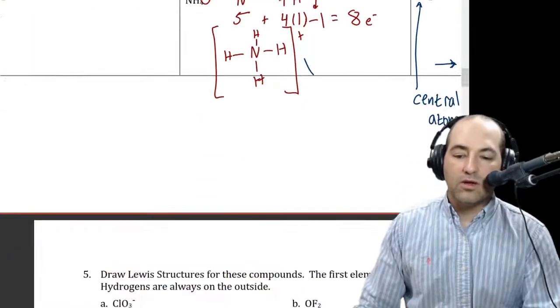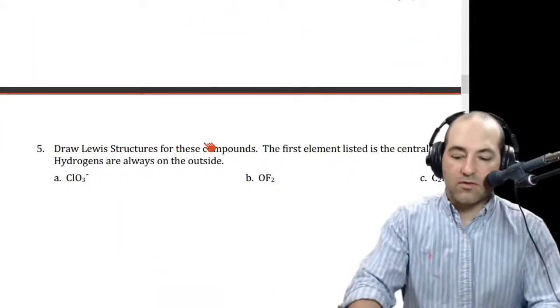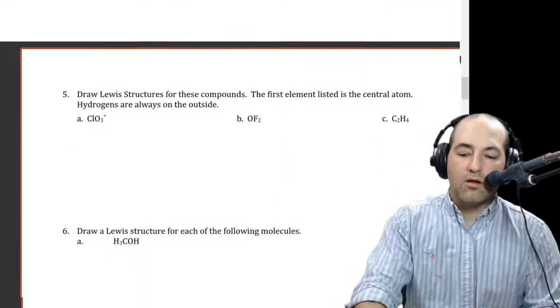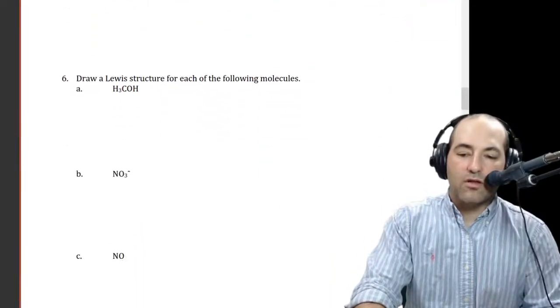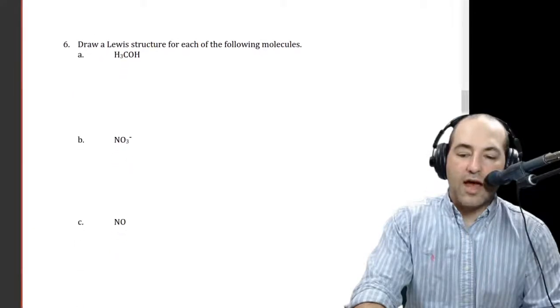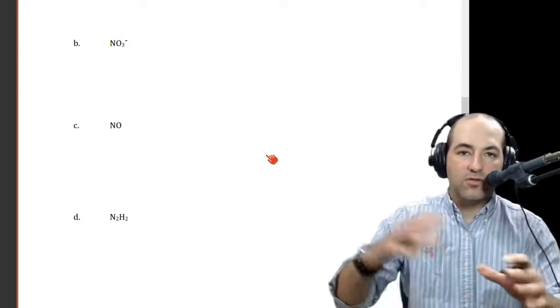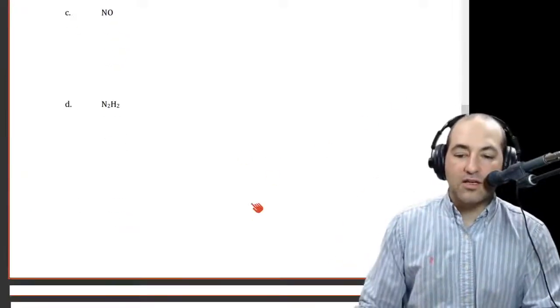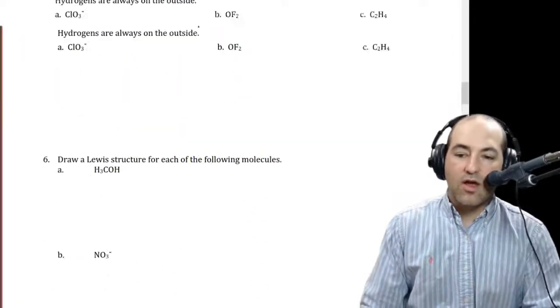Another clue when we get to multiple atoms is that symmetry is usually a good thing in these compounds. So if you can distribute things more symmetrically, that's usually correct. But honestly, if it works, it's right.